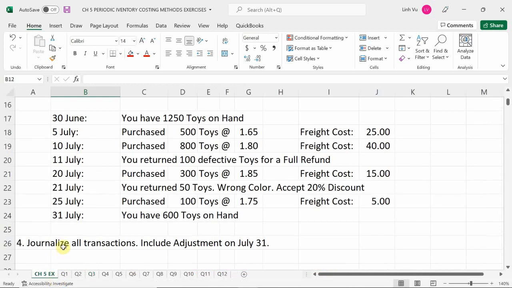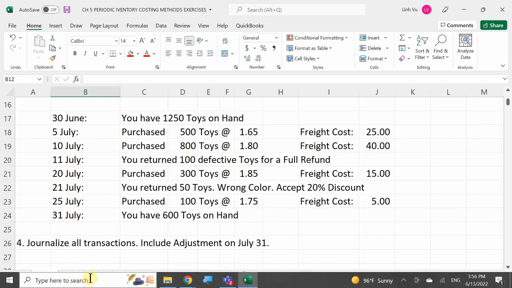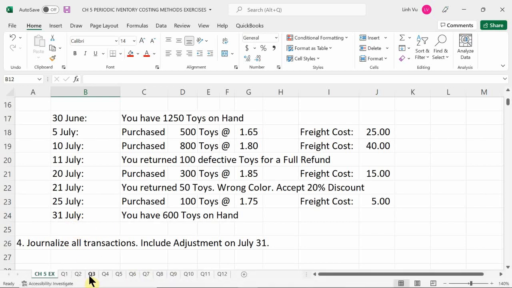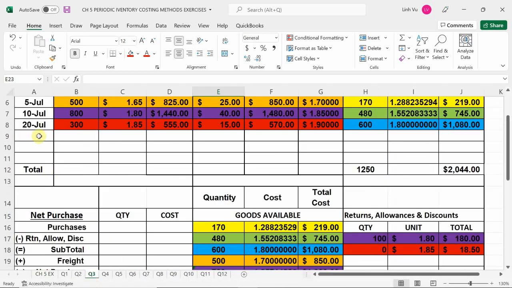Last but not least, on July 25th, we end up purchasing 100 toys at $1.75 with a freight of $5. So that one's pretty straightforward, right? July 25th, we purchased 100 units at $1.75 with a freight of $5.